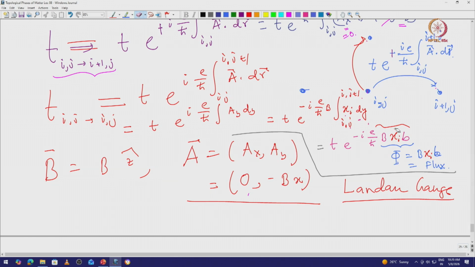What they assume is that this is still a flux, and when it is a flux, there will be, for a given value of B, capital B, the magnetic field, and small b is fixed. For a given value of magnetic field, I can always find and make x a variable to the extent that this flux becomes quantized.